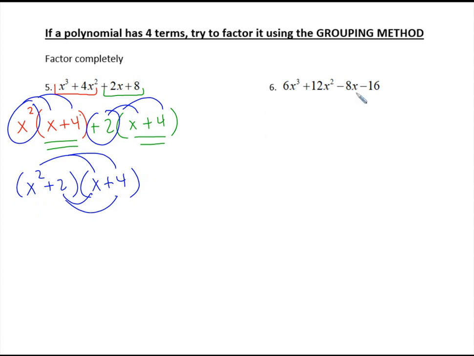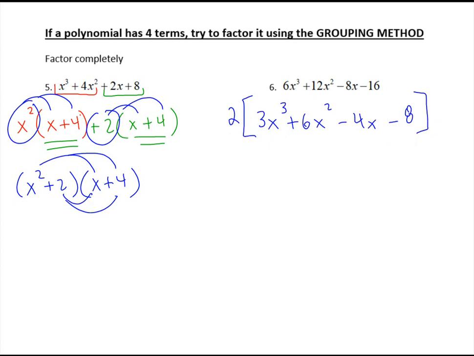Okay, let's take a look at number 6 here. Whenever we're factoring, we always look for a GCF. So I see a GCF here. The biggest number I can take out from all of these is going to be a 2. So if I take out a 2, I'm going to get 3x to the third plus 6x squared minus 4x minus 8.